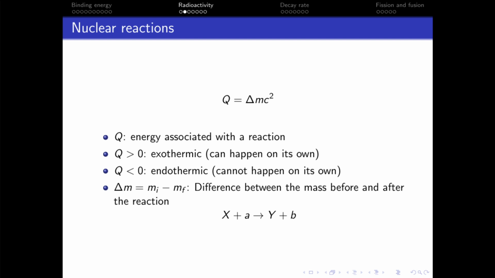And the notation we'll use to describe a nuclear reaction is very similar to that you have used in chemistry so far. We'll just have some type of equation with an arrow separating the reactants from the products. The products are on the right, reactants are on the left.